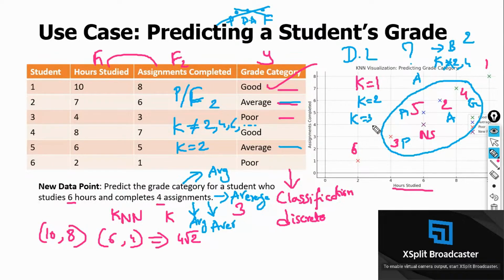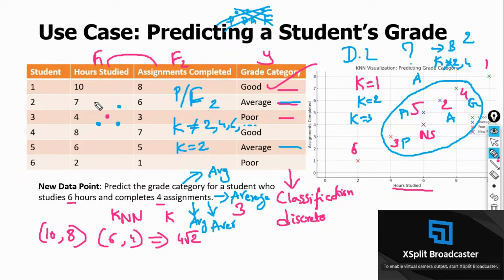Yes, nothing but 50-50 chances. So it's not possible for us to predict whether the new student should be declared pass or fail. So impossible. Even if you take the k value as 4, and this is my new data point, I'm taking k as 4, so 4 nearest neighbors.